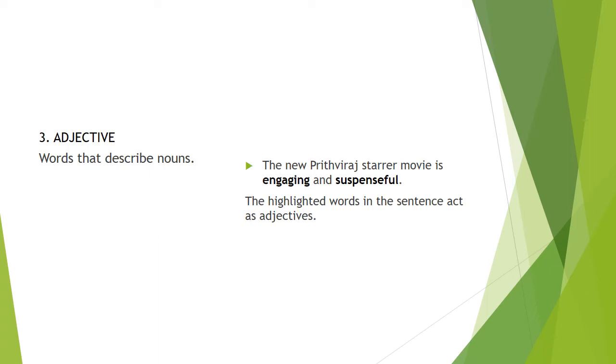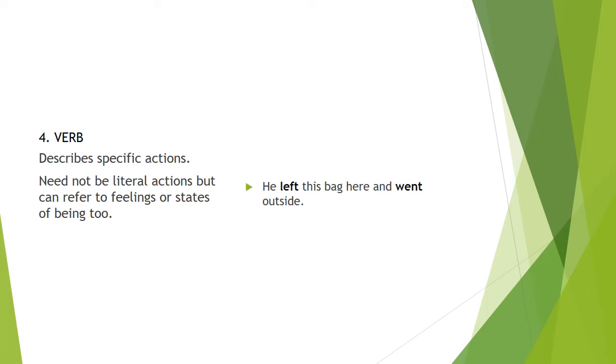For example, in the sentence, the new Prithviraj starrer movie is engaging and suspenseful, the words engaging and suspenseful modify or describe the noun, the new Prithviraj starrer movie. Hence, these words can be identified as adjectives.